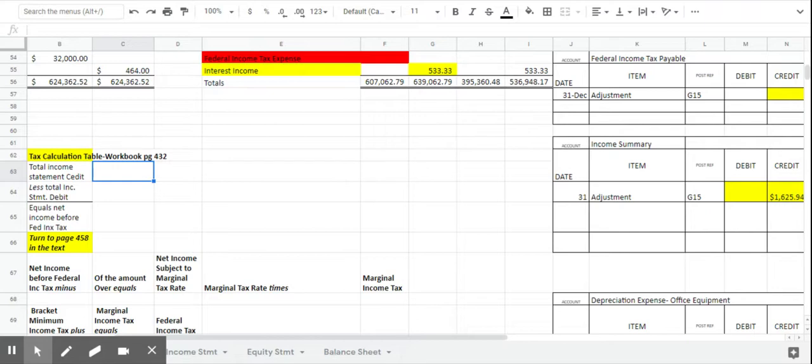And when you do that, you should end up with 536,948.17 on the credit side, 395,360.48 on the debit side. So you're going to take these two numbers and bring them back over to page 432.